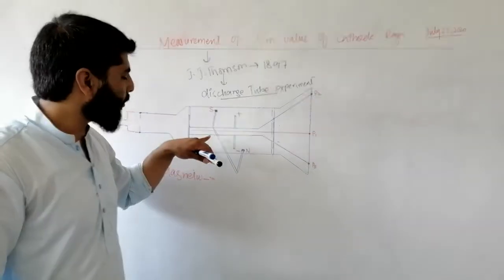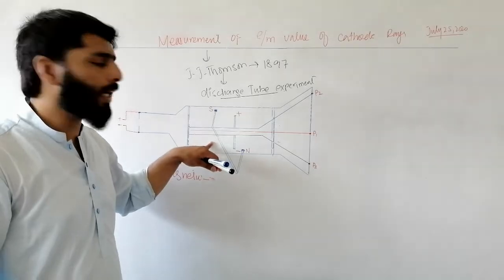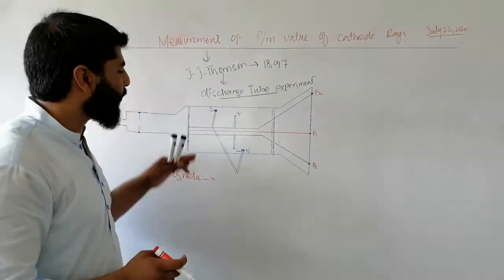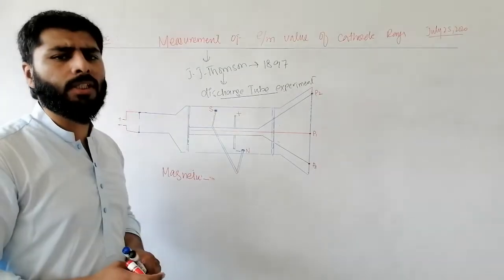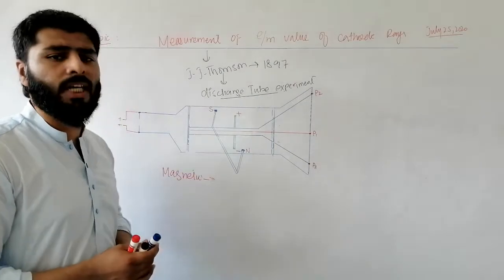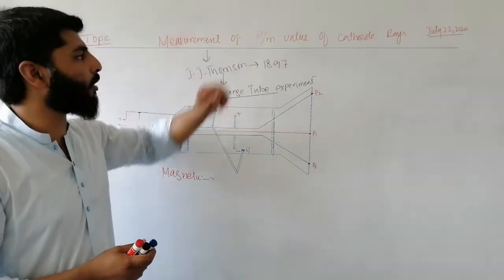He applied the magnetic field first, then the electric field. And after doing separate experiments, he applied both the fields simultaneously and measured the value of the charge to mass ratio.